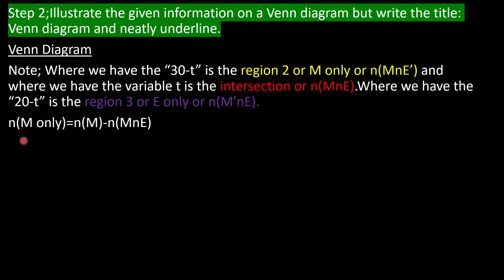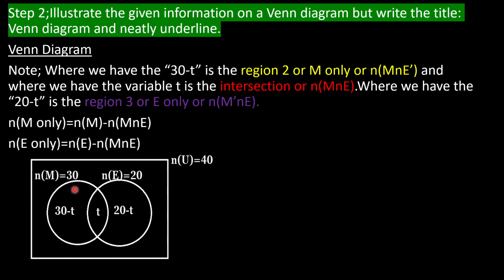Region M only equals region M minus region M intersection E. So number of M only, or number of mathematics only, equals the total number of mathematics minus the number of the intersection, and the number of E only equals the number of English minus the number of the intersection of the two sets.